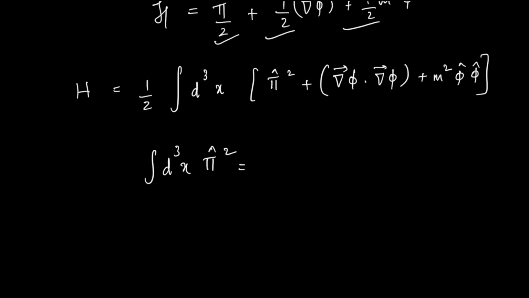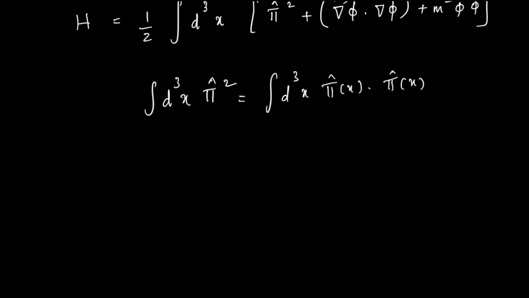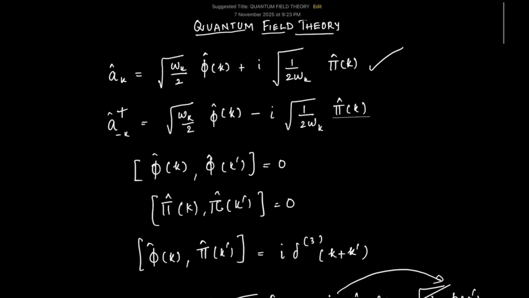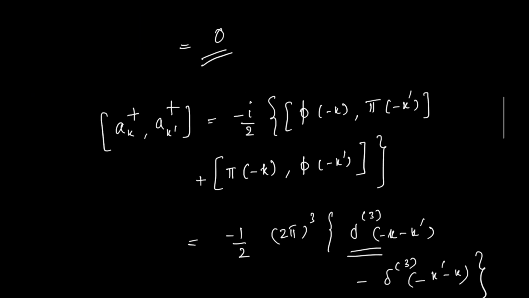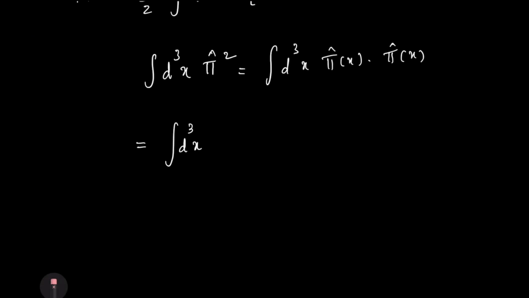Okay, so integral d cube x pi square means pi of x multiplied by pi of x. So integral d cube x. Now what is pi of x? So we have not defined it here, right? So I'll just write it somewhere again. So we have seen in the last class what is phi and pi.